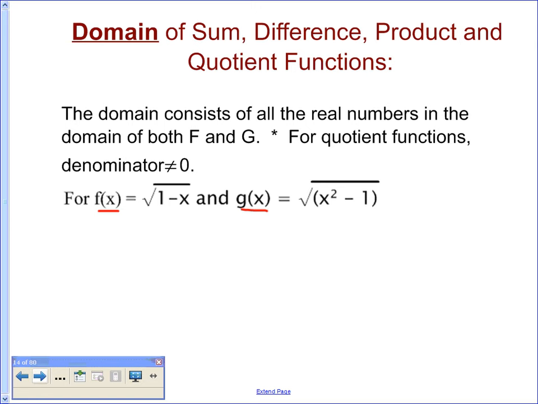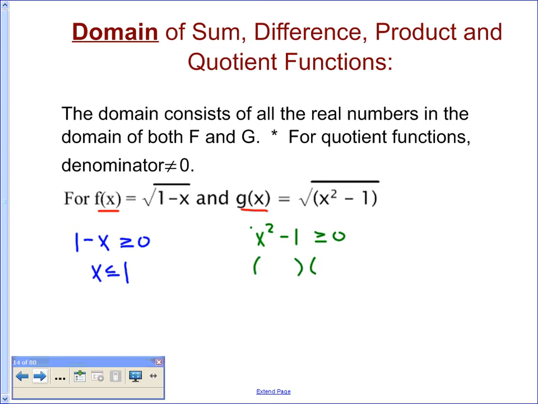If we have f of x, then for the domain we say 1 minus x is greater than or equal to 0, which means that x is less than or equal to 1. So we have the domain of f of x, and then for g of x, x squared minus 1 is greater than or equal to 0.